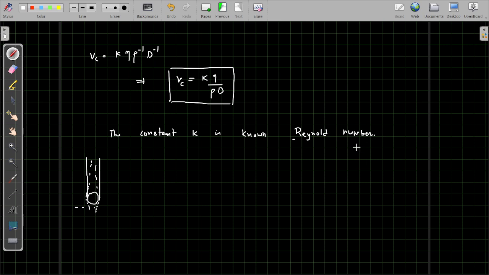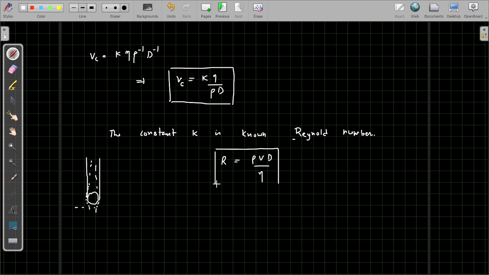He was a pen salesman selling pens. He always had complaints that the fountain pen used to spill, so later he developed this pen. So R is the Reynolds number. Readjusting this equation, the Reynolds number can be written as rho v d by eta.